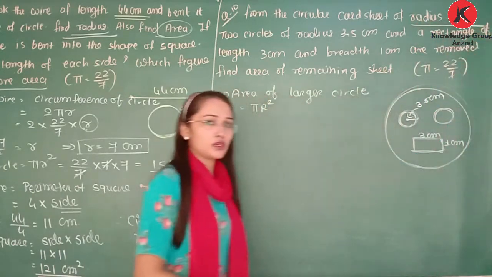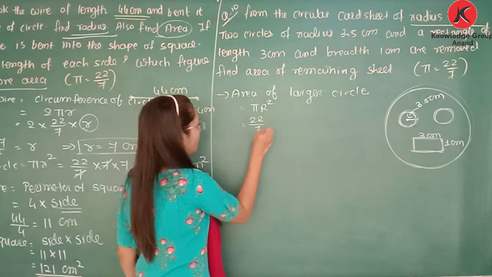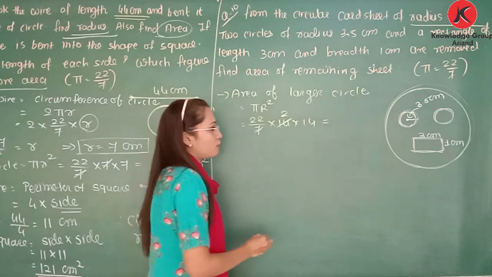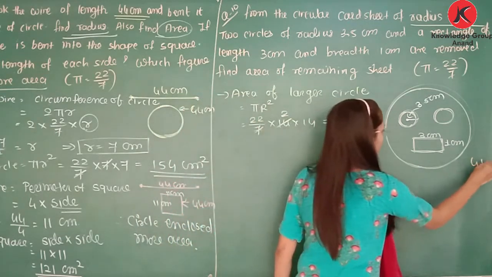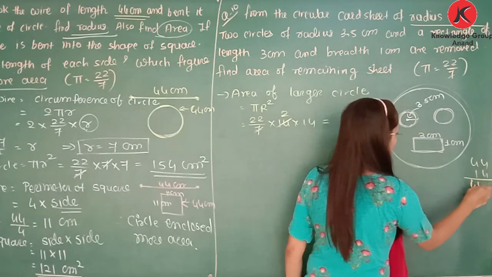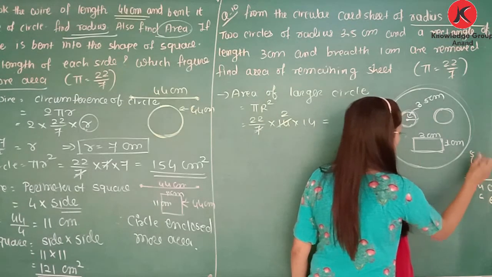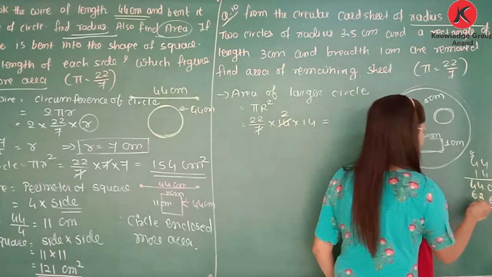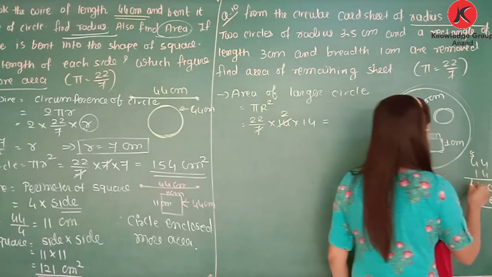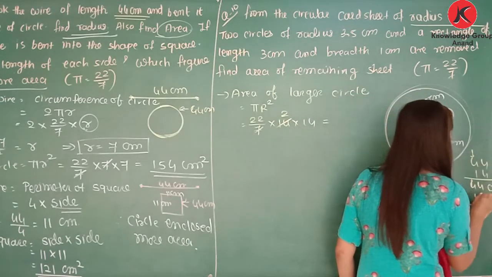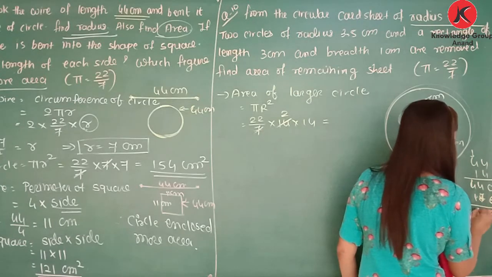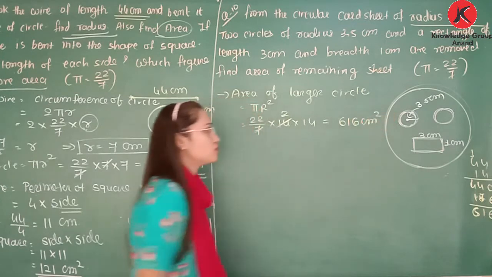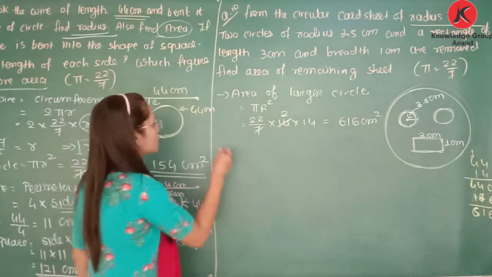That is 14 cm. So here pi is 22 by 7. Radius is 14 multiply 14. So that is 44 multiply 14, that is 616 centimeters square. So area of larger circle is 616 centimeters square.